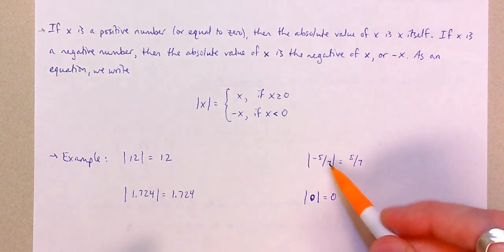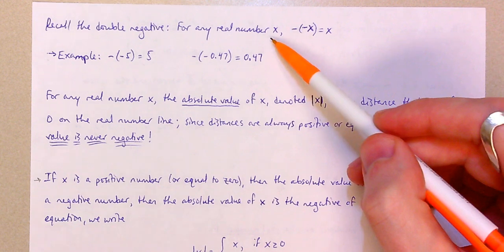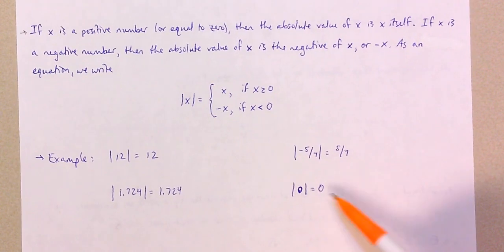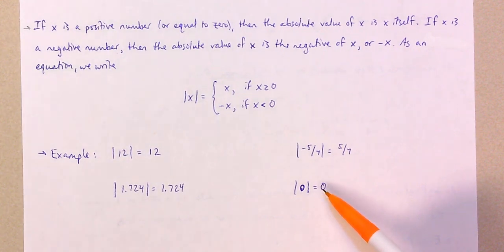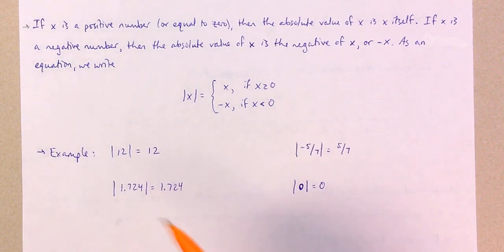So minus the minus 5/7 by our double negative is equal to 5/7. The absolute value of 0, well, 0 is 0 distance from 0. So that's why we say that the absolute value of 0 is 0. And then 1.724, absolute value of that guy, again, it's a positive number. So absolute value of a positive number is just that same number.